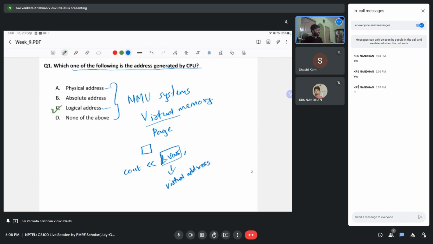But in the actual memory system, this virtual address would be mapped to the physical address via page tables or segment tables. This mapping is done by your MMU, the memory management unit.